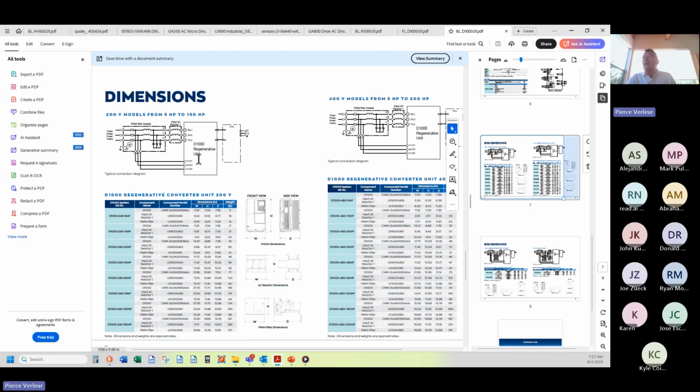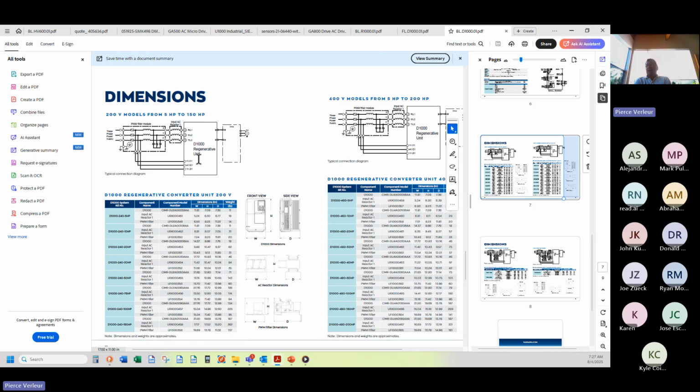What the D1000 does is it bypasses the input diode bridge of the VFD, because that's a one-way valve. It connects directly to the DC bus of the drive. So what the D1000 and its associated filters are is a regulated DC power supply. Pretty cool.